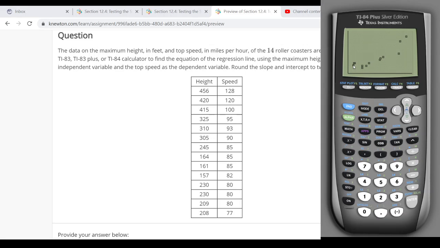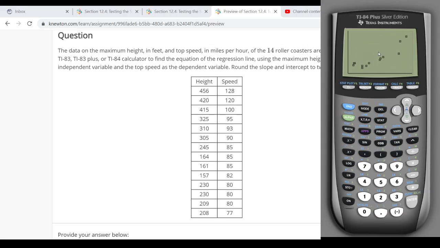Now it does look pretty linear. Not exactly. You're not going to really ever have too many situations where all the points fall in an exactly straight line. But it looks like there is definitely some sort of positive linear relationship between height and speed here. As the height increases, the speed also tends to increase.